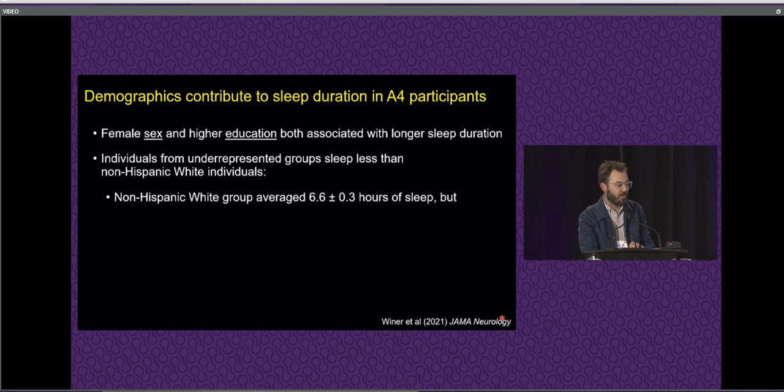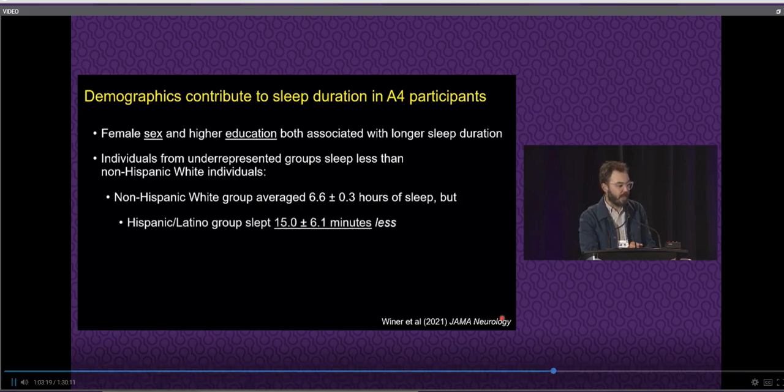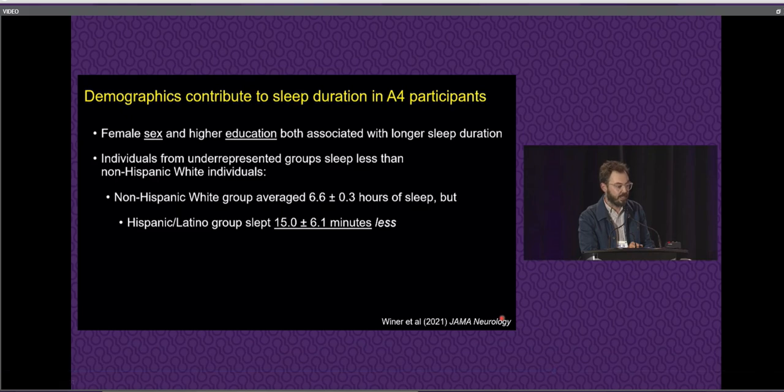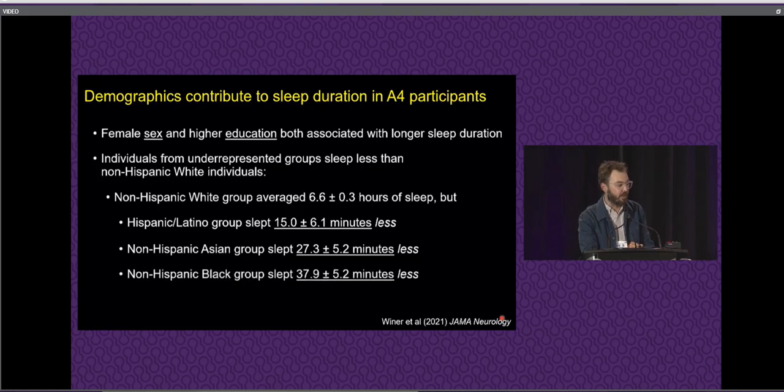While people who were non-Hispanic white averaged about 6.5 hours of sleep, the Hispanic Latino group slept about 15 minutes less, the non-Hispanic Asian group slept an average of about 30 minutes less, and the non-Hispanic Black group slept about 40 minutes less.